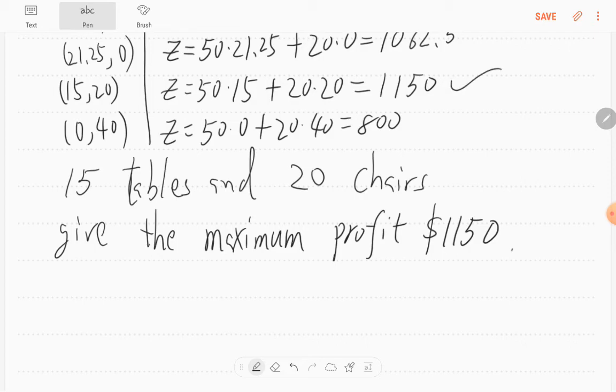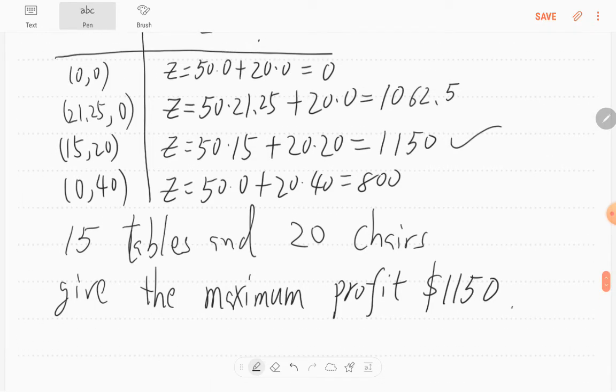Okay, so this is the result for this problem.